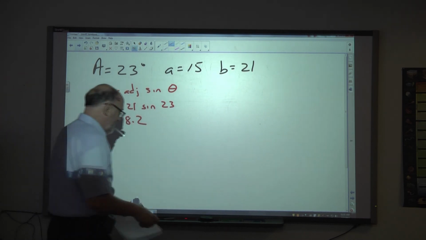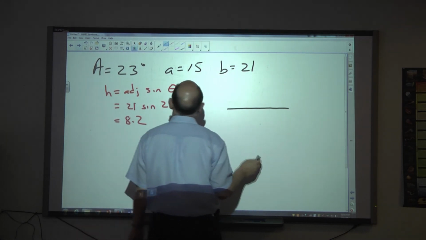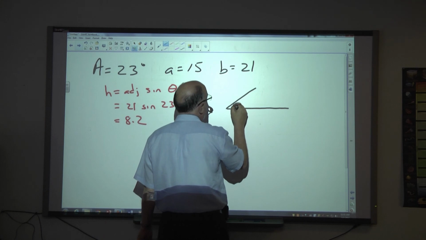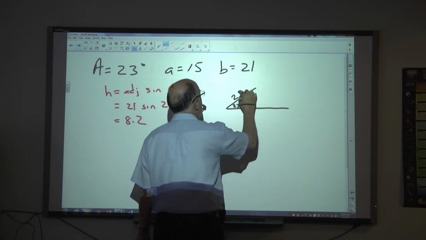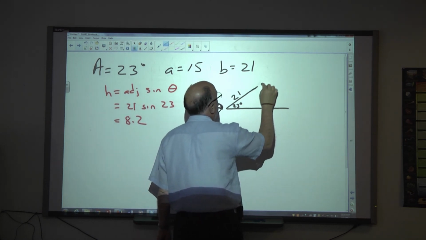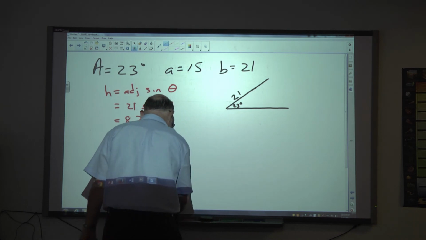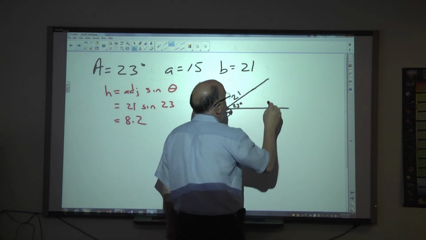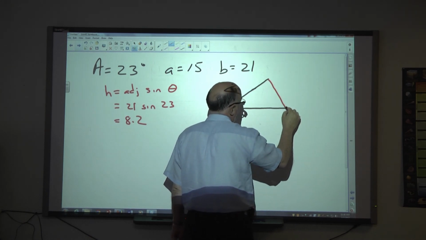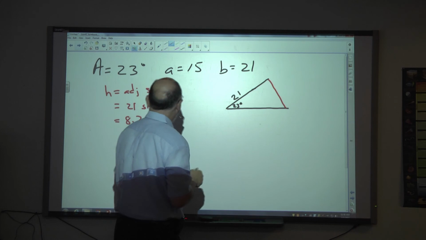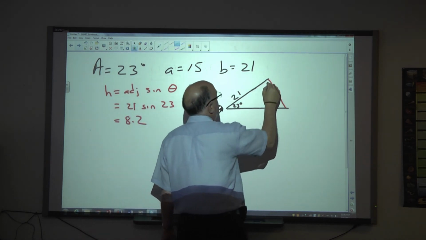Now an idea as to how this works, right? So we have our piece here. We have our angle here, which is 23 degrees. This piece is 21, and then we have this side A, which is 15. So what happens is that this piece that's 15 could go like this, and we make a triangle, right? Because we know that our height is only 8.2.